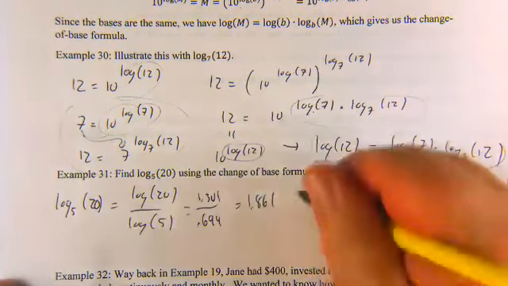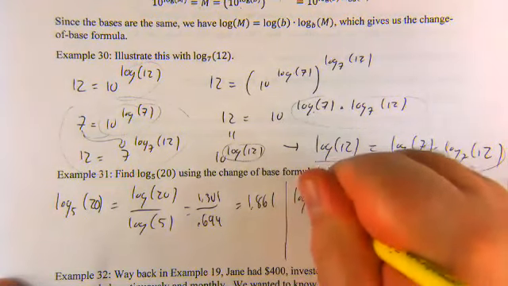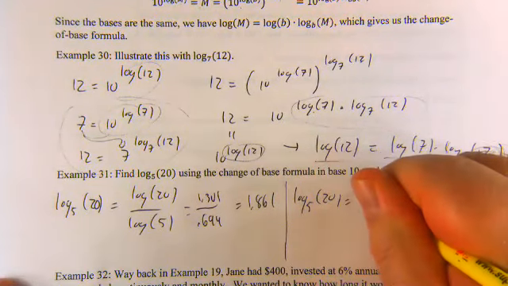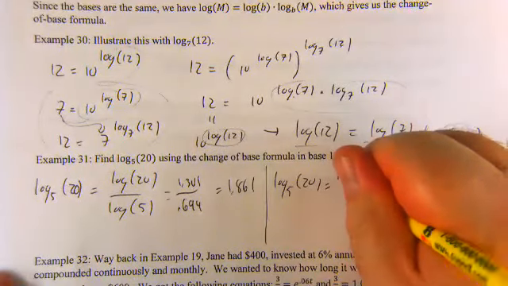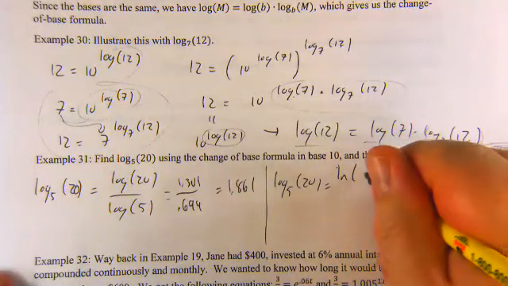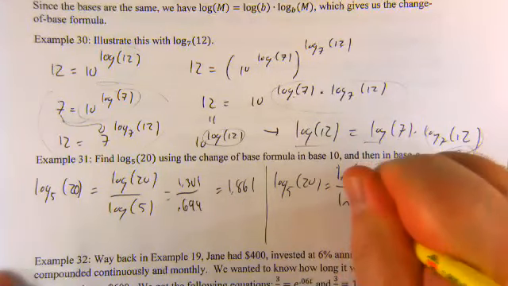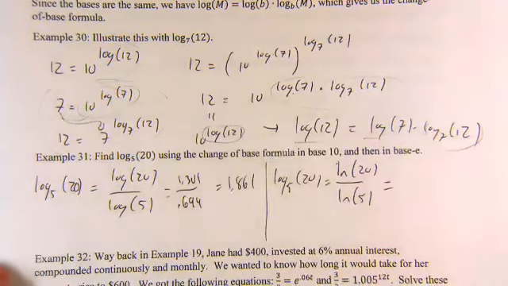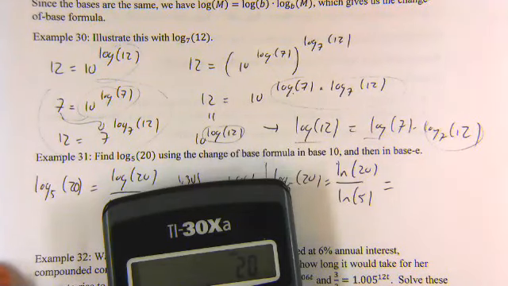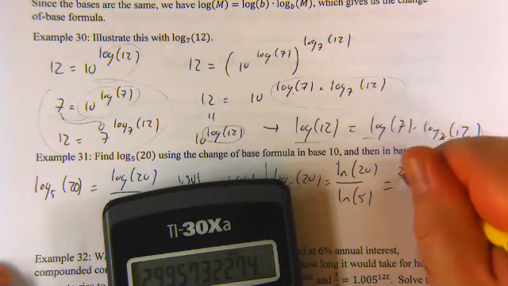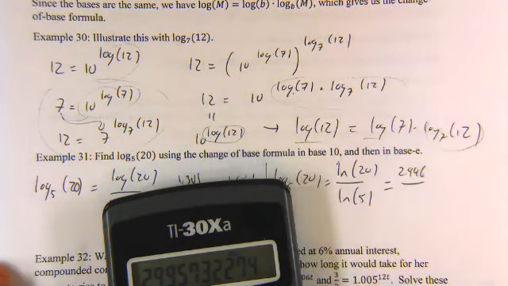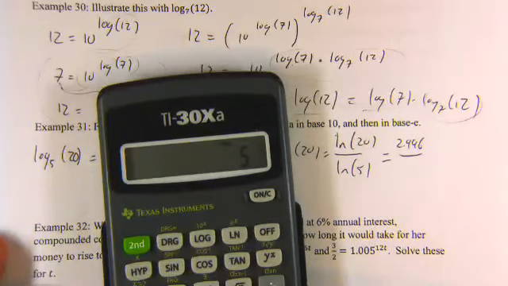So what about base e? Log base 5 of 20 equals, well, you don't have to do base 10 if you don't want. You could do it base e. Remember that ln means log base e. So ln of 20 over ln of 5. ln of 20 is 2.995, well, 2.996. And if I take ln of 5, I get 1.609.